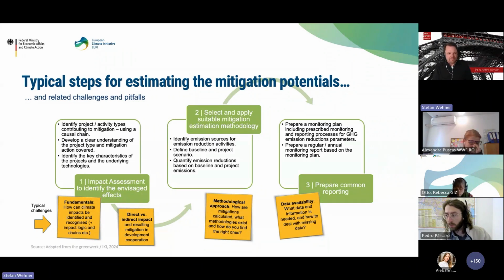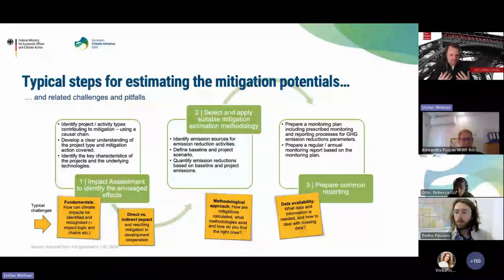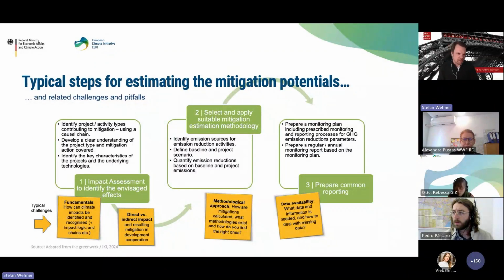First of all, I would like to simplify the overall process. Typically, it's a challenge to identify how to start with the estimation. And from my experience, I think there are three key questions, three key steps in estimating mitigation potentials from projects, from activities.